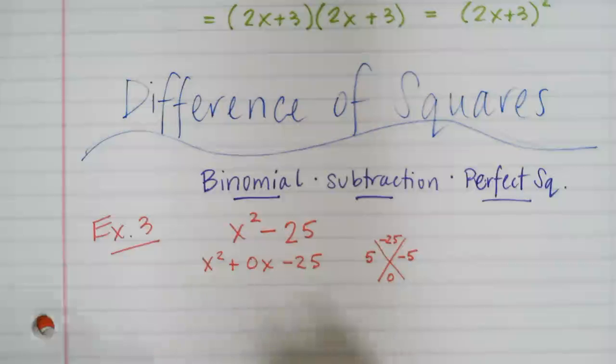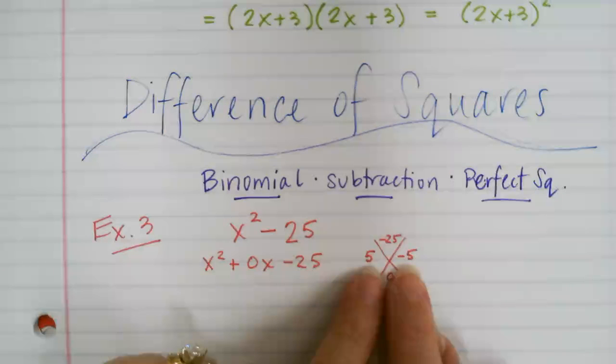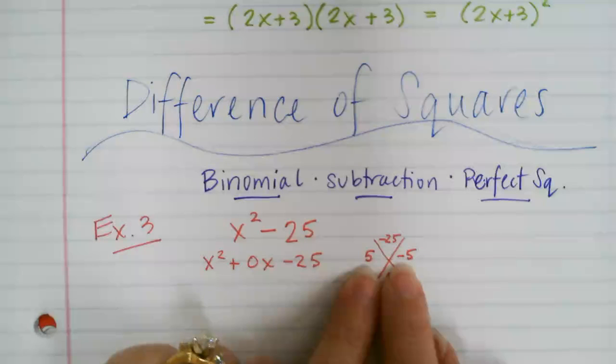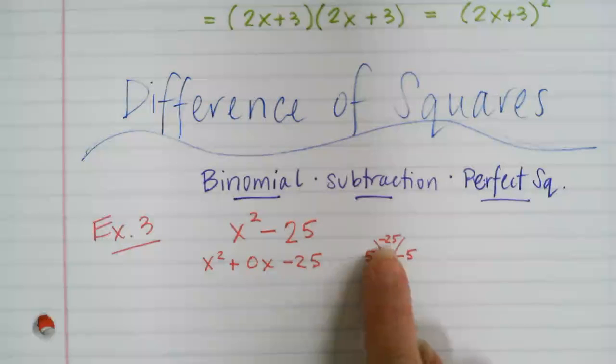So the reason why this is very similar to what we were just doing is that our factors are the same, but this time they cancel each other out to 0. The only way they could cancel each other out to 0 would be if one of them's positive and one of them's negative. But if one of them's positive and one of them's negative, they cancel out to 0, but they make a negative for our perfect square.